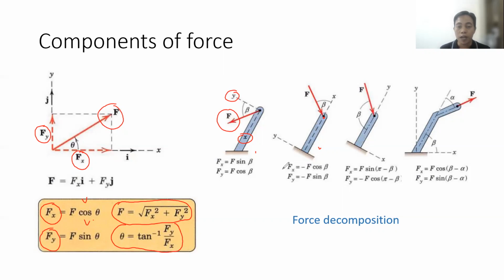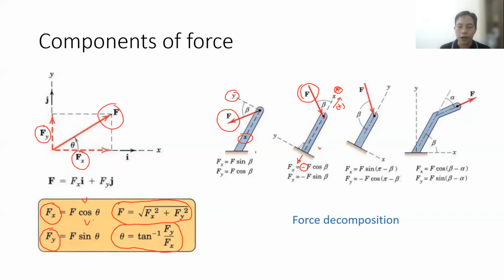Okay, but we must be consistent with the rules of decomposition. Here we have the positive x-axis direction upward. This is the plus, and so here is the minus. So in the decomposition of the force, Fx is directed downward, so it is negative.